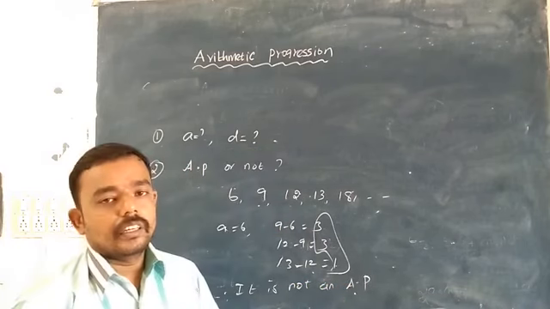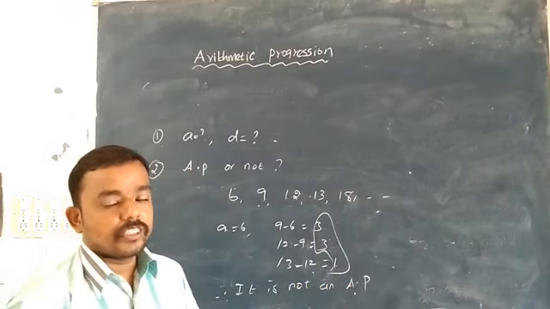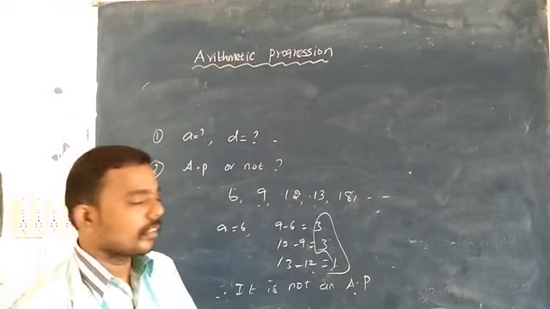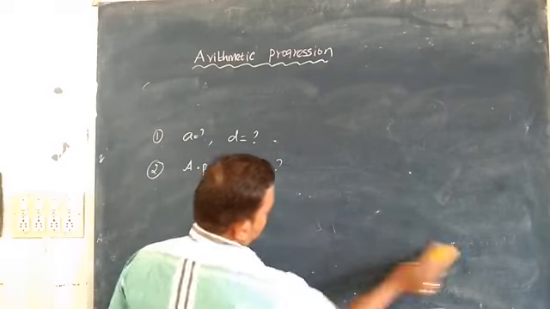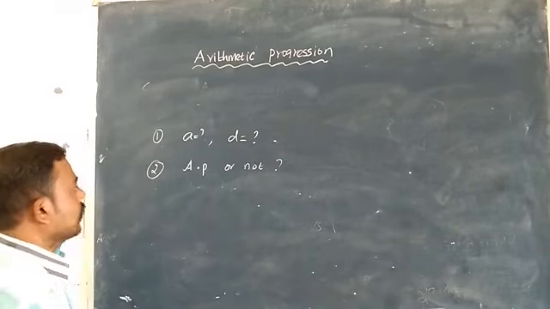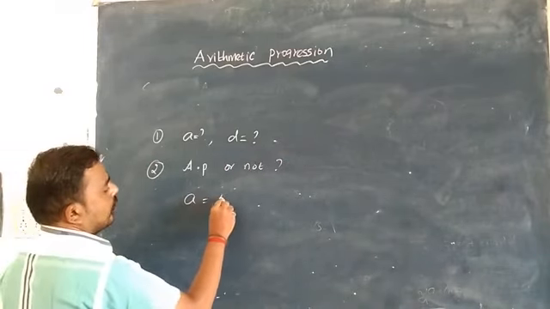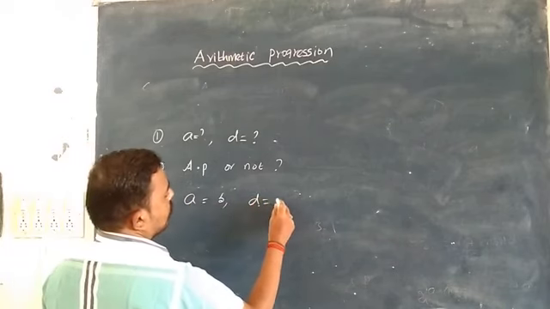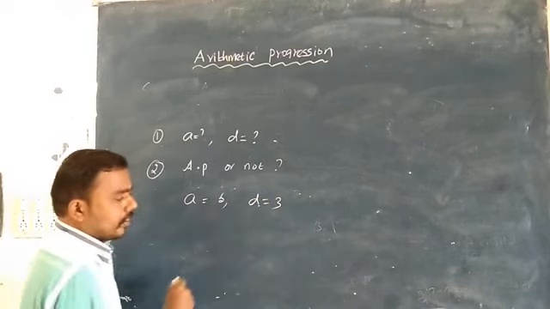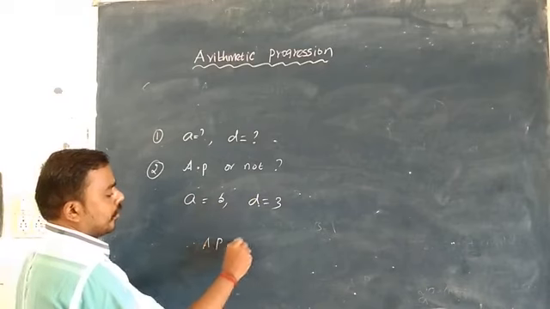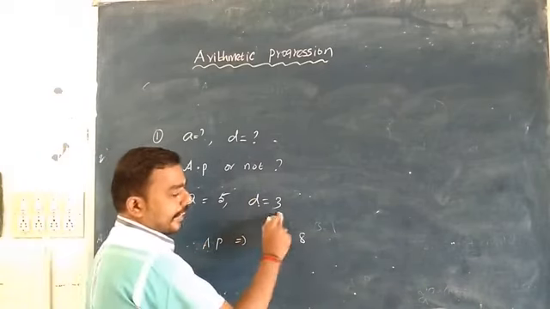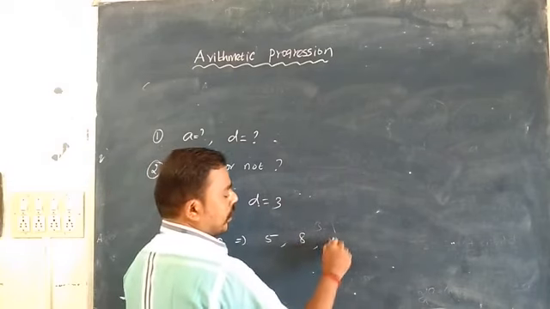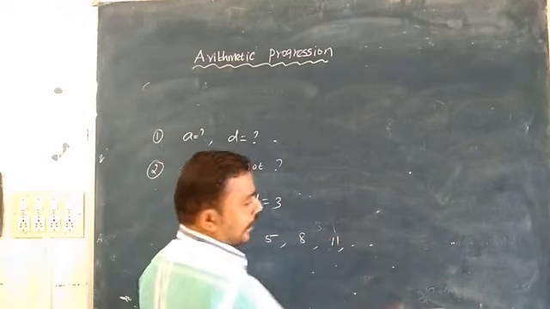This is not an arithmetic progression. This is not in the form of an AP. So if A is given and D equal to 3 like that, therefore AP: 5, next number 5 plus 3 is 8, next number 8 plus 3 is 11, like that you can write it.